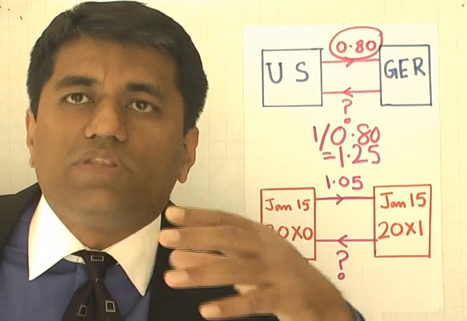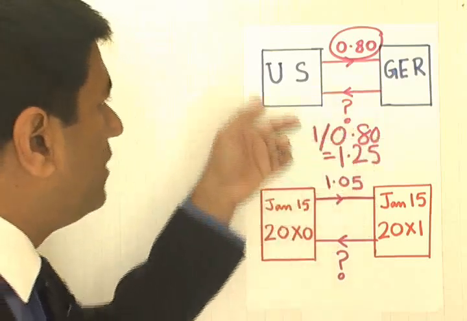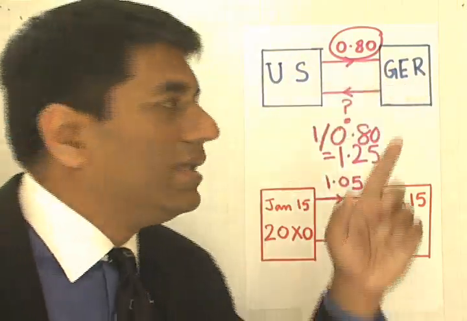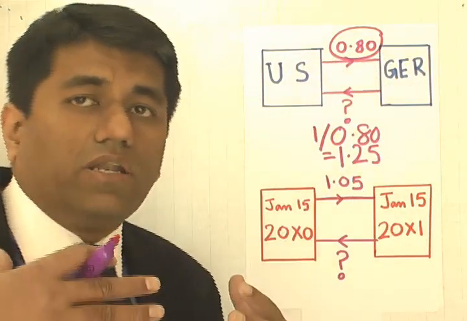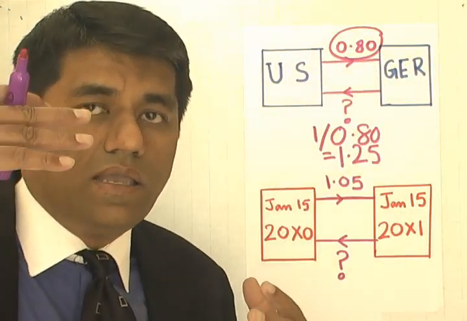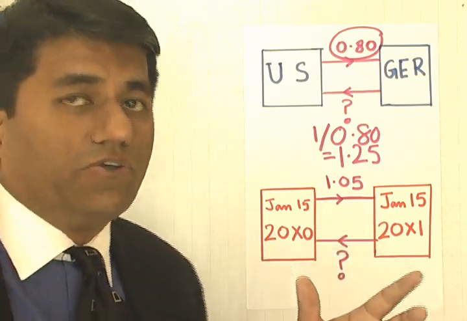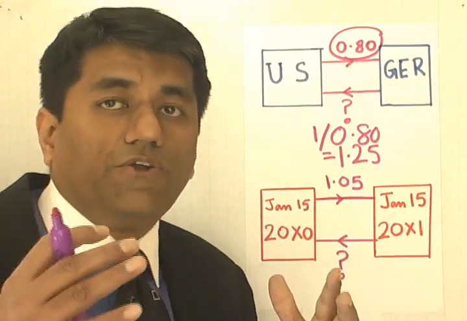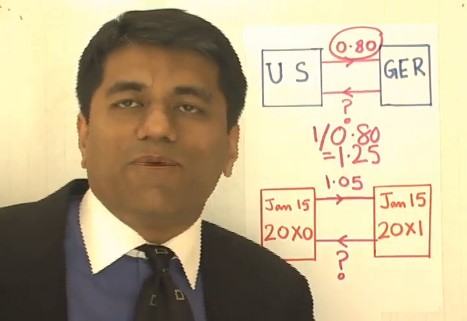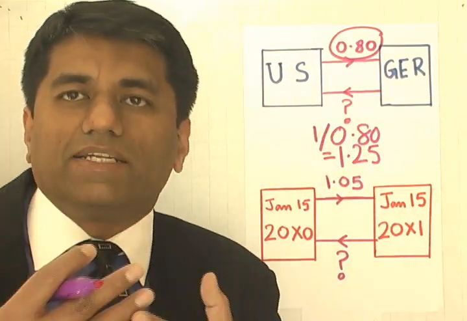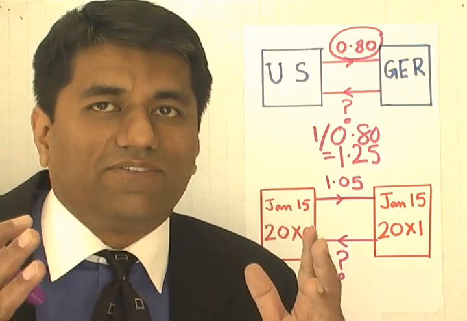If the exchange rate is 2, then 100 euros becomes $200 in the US, and then brings it back to Germany, and if the exchange rate is 0.80, then $200 becomes 0.80 multiplied by 200, which is 160 euros. So the German trader started with 100 euros, sent his money on this round trip, and ended up with 160 euros. A predictable positive profit without any risk. Now that cannot happen in real life, unfortunately.